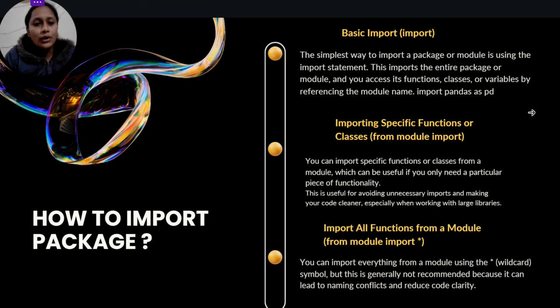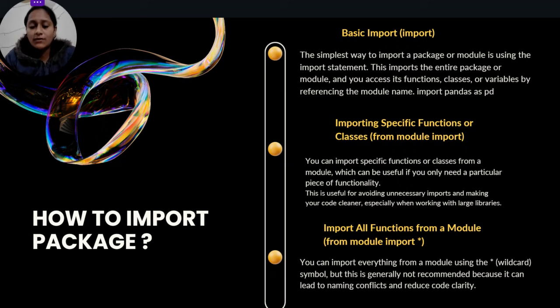So let's discuss how to import packages in Python. First is basic import. The simplest way to import a package or module is using the import statement. This imports the entire package or module and you can access its functions, classes or variables by referring to the module name. For example, import pandas as pd. Second is importing specific functions or classes. The syntax is from module import.